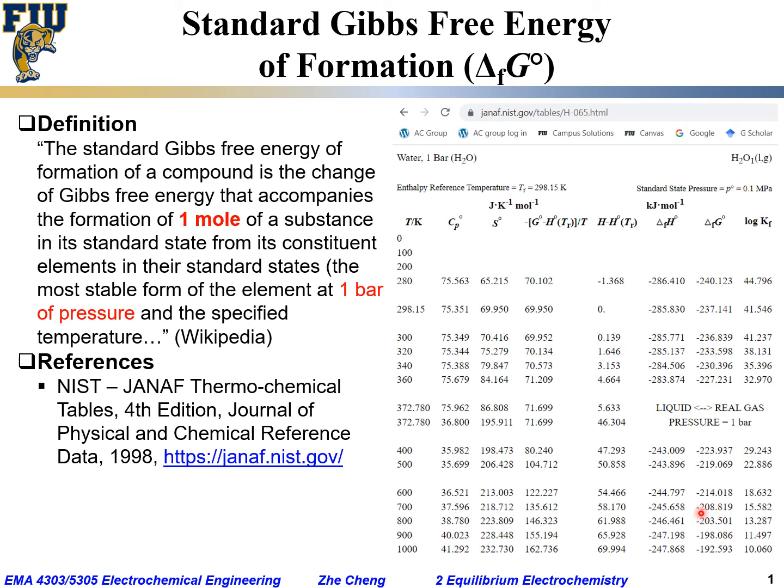So this is the column that we quite often use to calculate Gibbs free energy change for a chemical reaction.